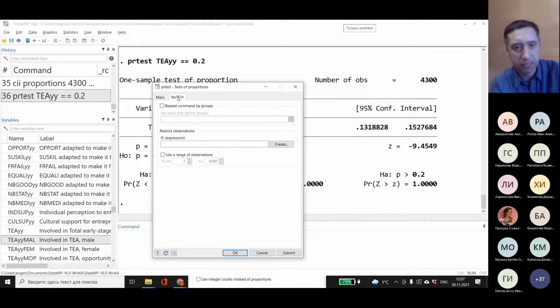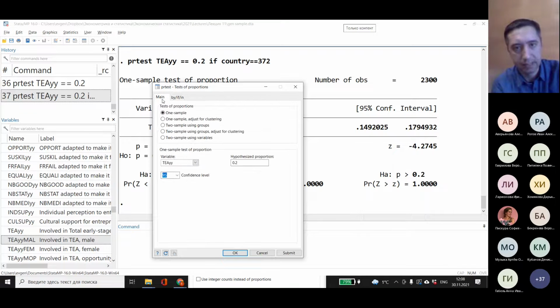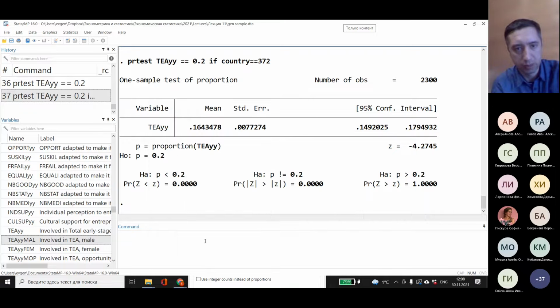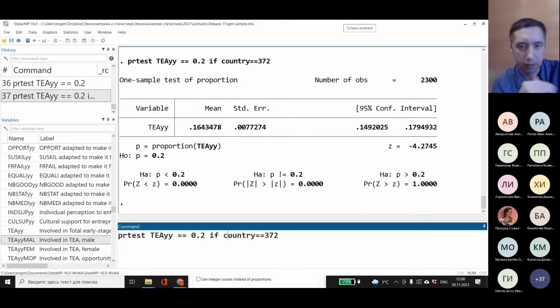For sure, you can use the second tab, if. For instance, if country equals 372, we want to run our analysis for Estonia only. If we enter this statement here, we will rerun our test, or you can use your command line.